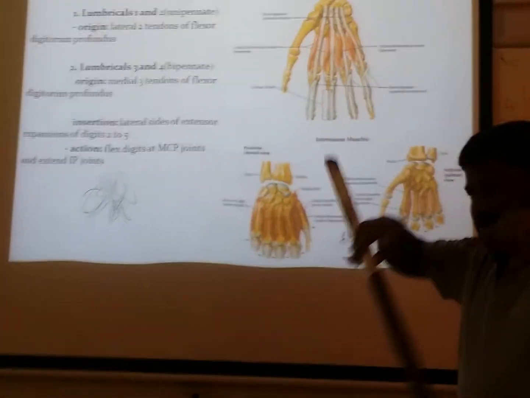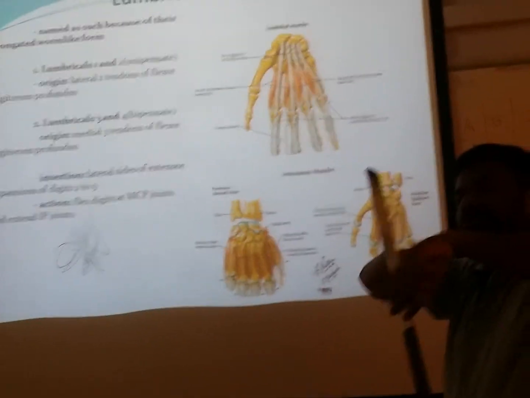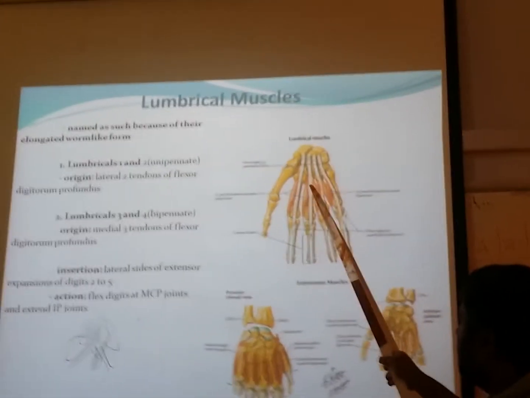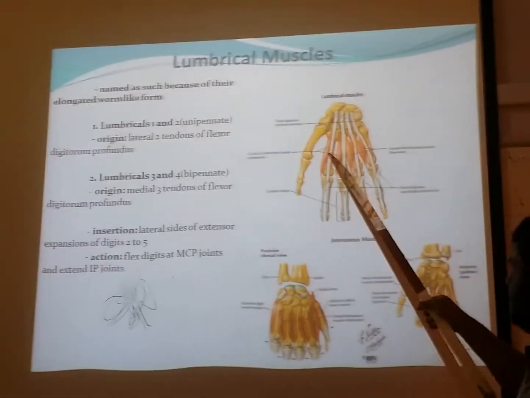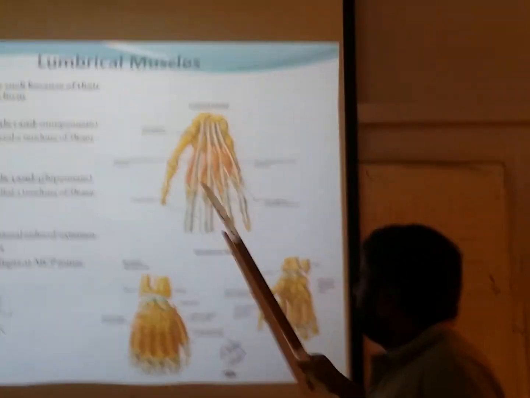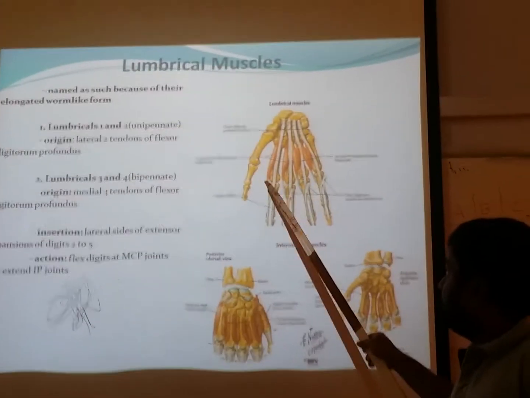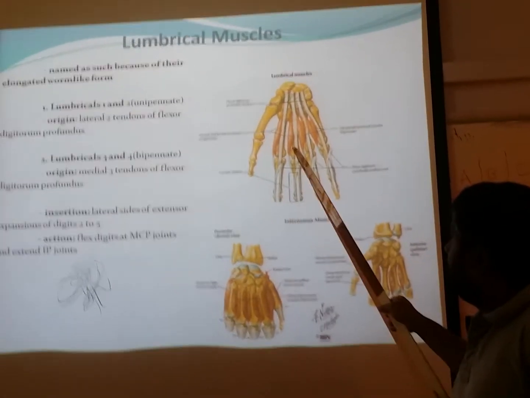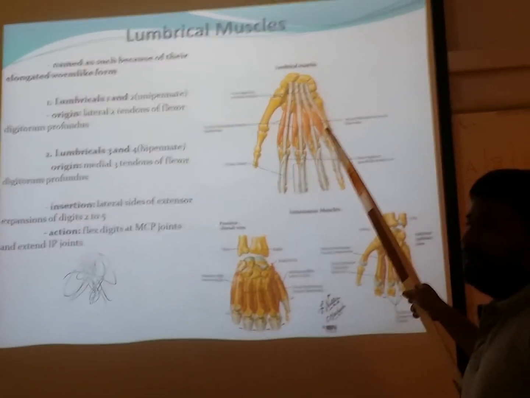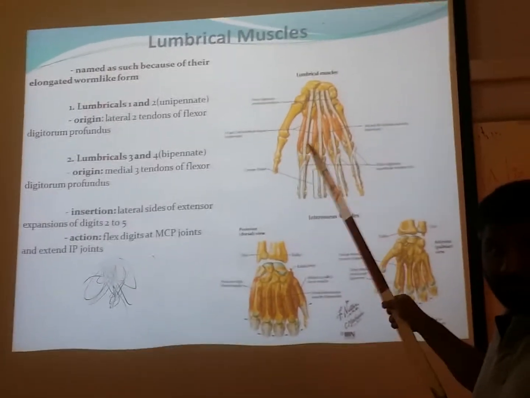So 2 fibers, that is bipinnate. Only 1 fiber is the unipinnate. You can see the first and second, they are unipinnate. Attached only to the lateral side of the first tendon and then the second digitorum tendon. Am I clear? They are the unipinnate muscles. And then third and fourth, if you observe, they are arising from the adjacent sides. Am I clear?